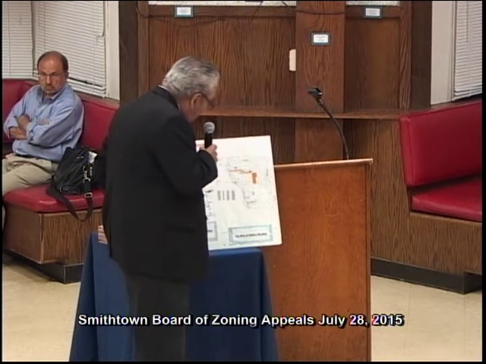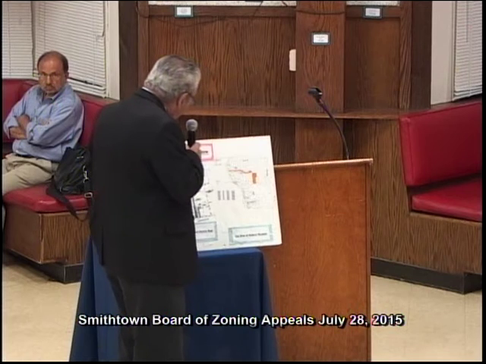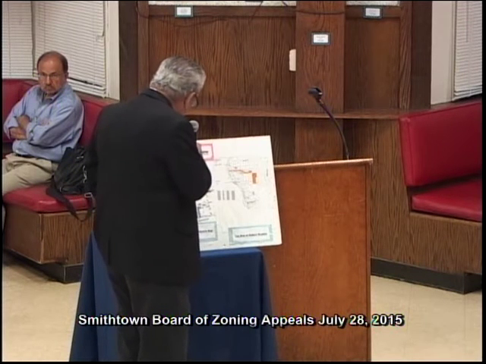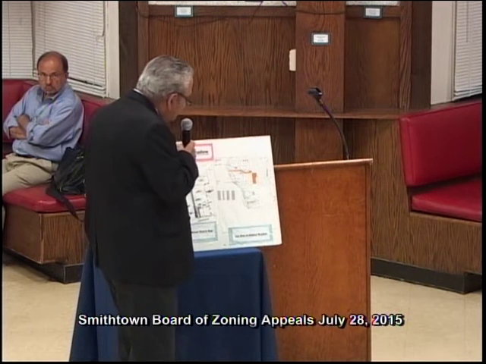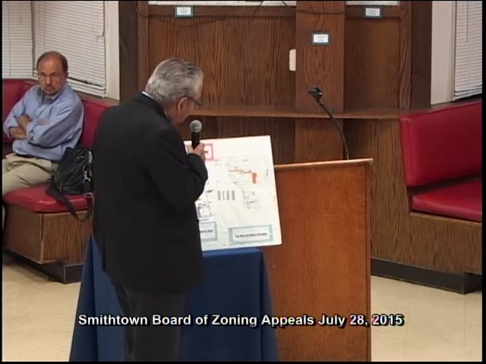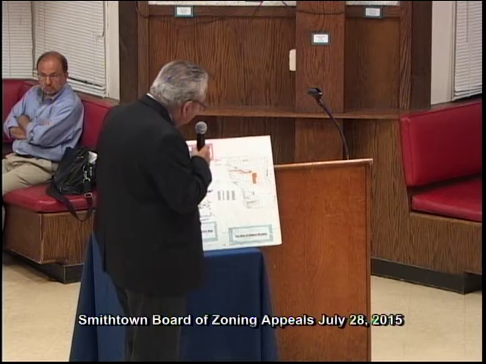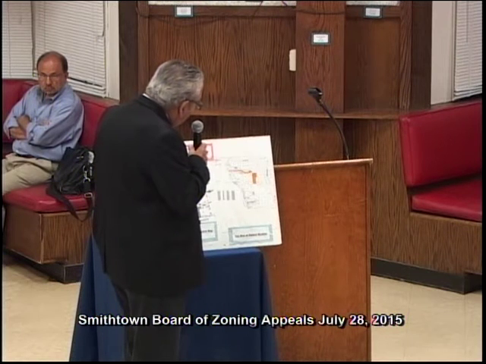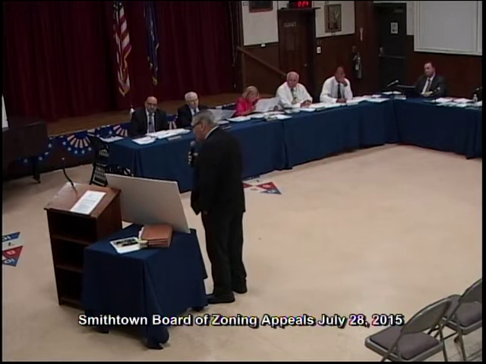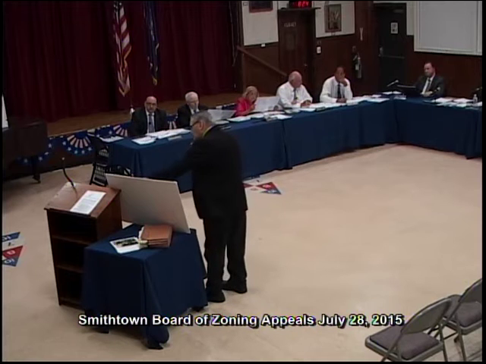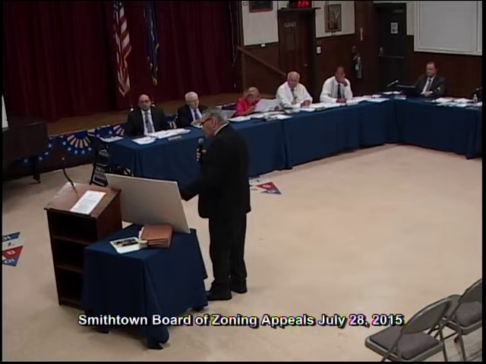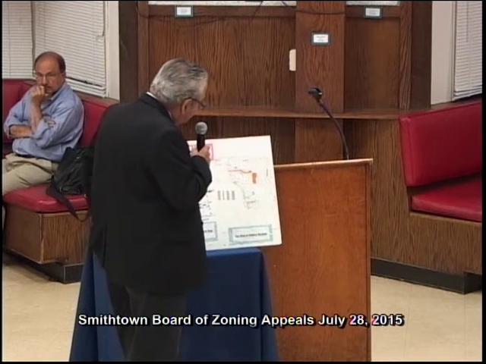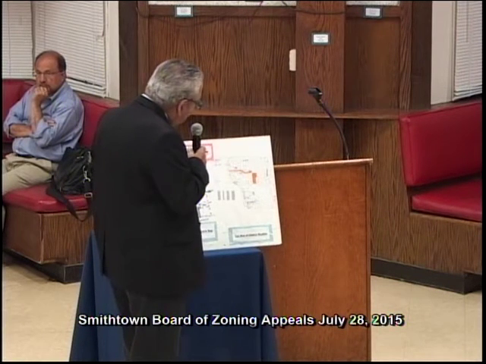One of the things that happened during the course of this project, my client and I went to see the former director of planning, Frank DeRubius, and he said, see if you can get access through the back. Maybe you can talk to these two neighbors in these two lots and get access with a passageway or a right-of-way to your property.